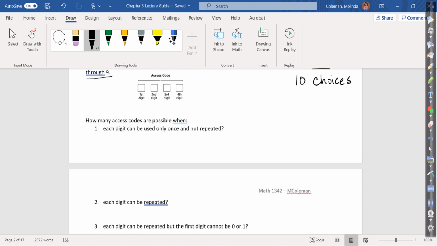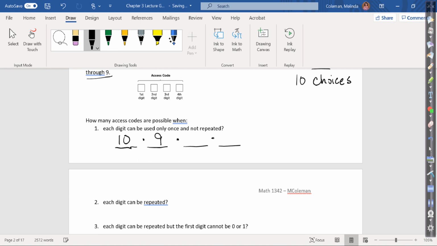So again, we have 4 slots. I'm going to multiply those together. Each digit can be used only once. So that tells us that we have 10 choices for the first one, 0 through 9. But in the second slot, I can't use whatever I chose for the first one. So there would be only 8 choices.